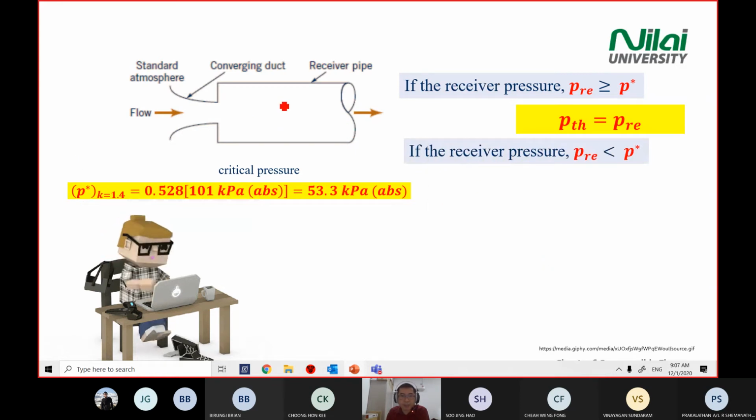Okay, the next scenario. If your receiver pressure is less than your critical state, you know that your critical state is 53.3 kilopascal. Let's say inside your tank here you only have 40 kilopascal.